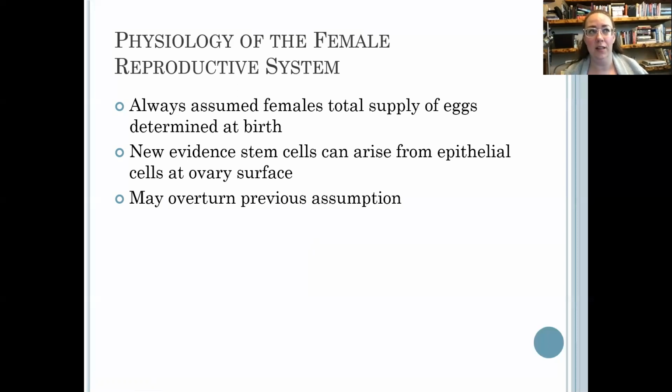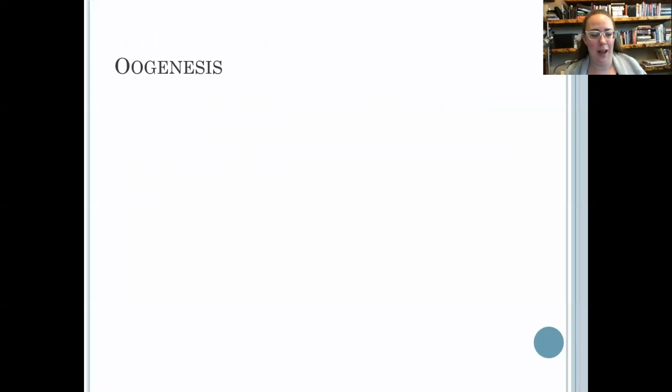I haven't looked to see if the dogma has changed, or if it might still be the case and they're not 100% sure. We're going to go with the assumption that females are born with a set number of eggs and work our way through the chapter with that for now. But just know that there may be discoveries happening that may overturn that assumption.